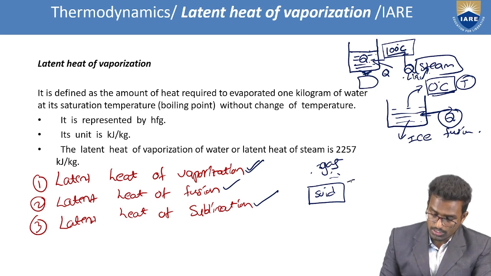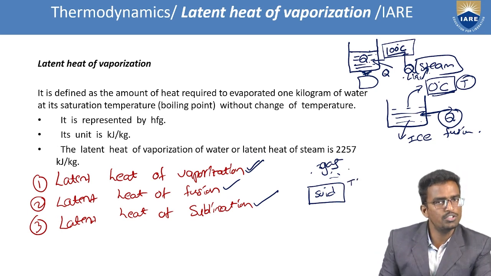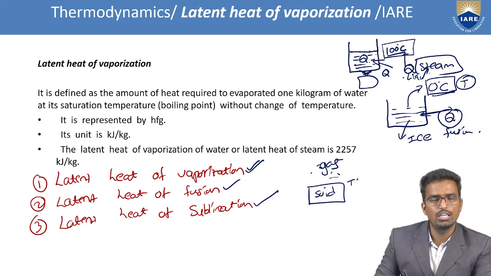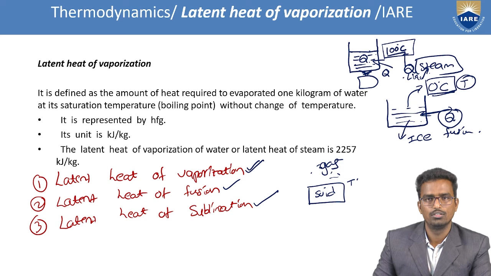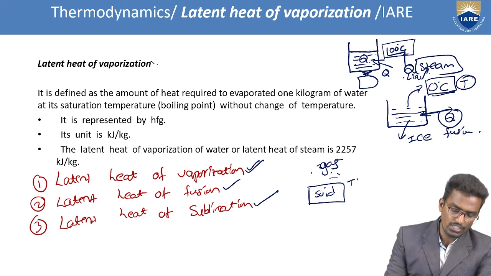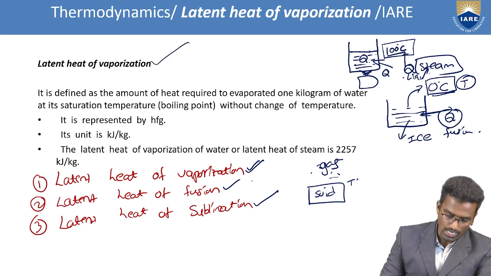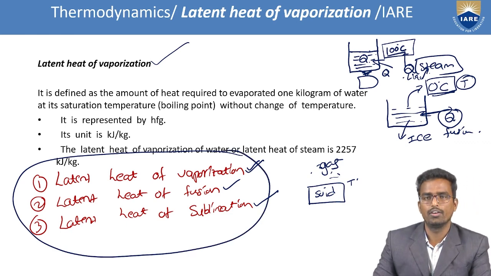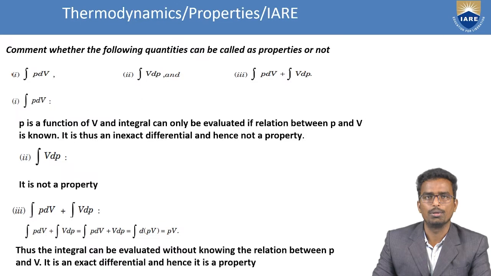An example for this is camphor. There is no intermediate liquid state. It converts directly from solid to gaseous. So without a change in temperature, if any system changes its phase from solid to gaseous or gaseous to solid, you call that the latent heat of sublimation. So all are latent heat, but within that we have classifications called latent heat of vaporization, fusion, and sublimation.